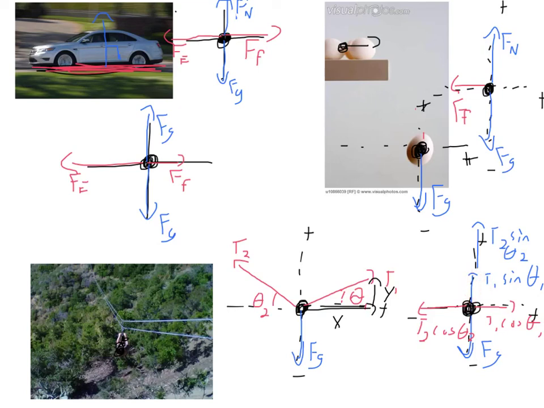Likewise over on this side, my x and y component. Here's my x component, T2 cosine theta 2, and then the y component I just slid up on top of the y component of the first tension, T2 sine theta 2.